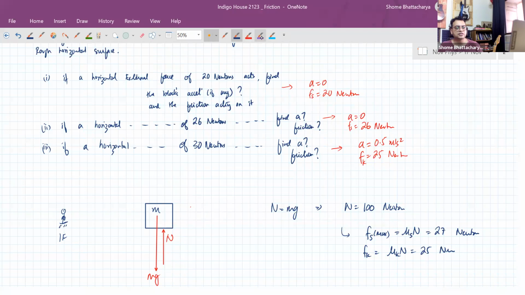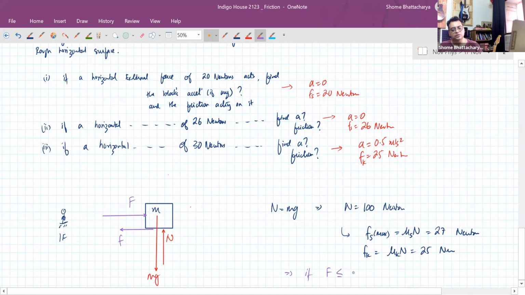So when we apply some external force, what type of friction acts and whether or not there is acceleration depends on the value of the external force, because initially the block is at rest. So if capital F is less than or equal to 27 newtons, then the acceleration will be 0, and static friction balancing the external force will act.